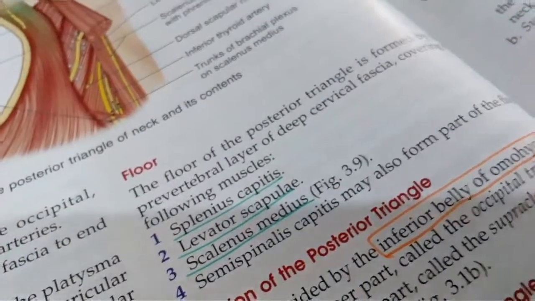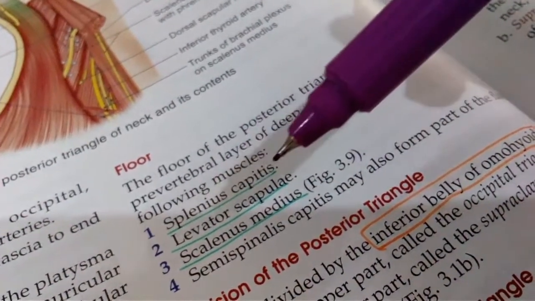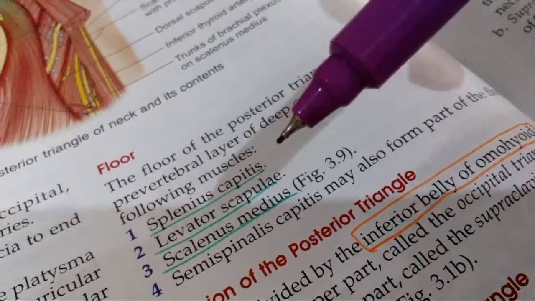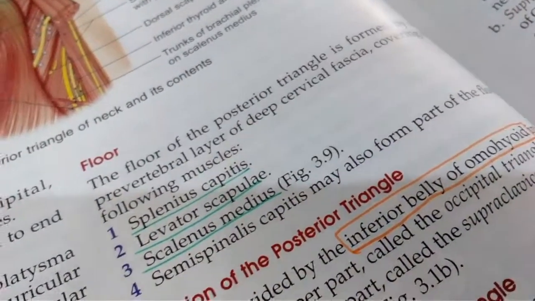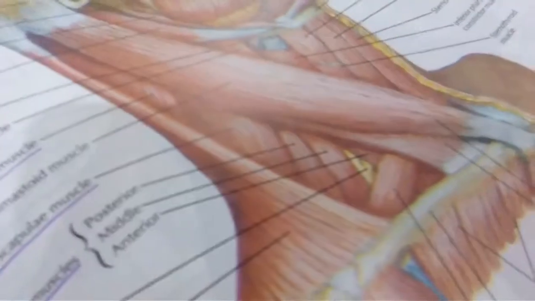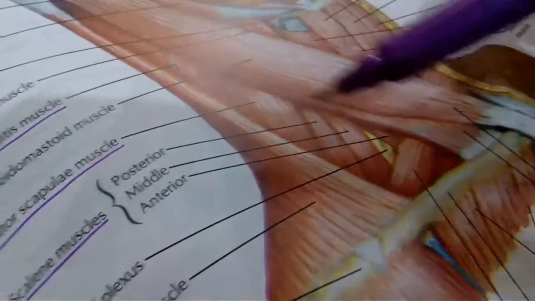The main muscles that form the floor of the posterior triangle are the splenius capitis, levator scapulae, scalenus medius, and semispinalis capitis sometimes. So you can see over here, these are the posterior, middle, and anterior scalene muscles.